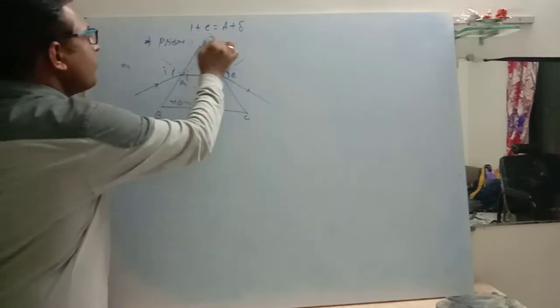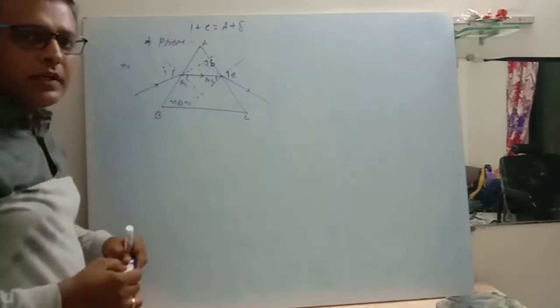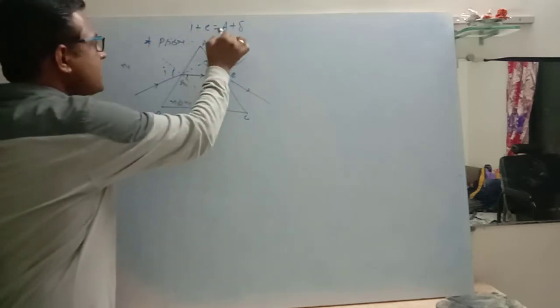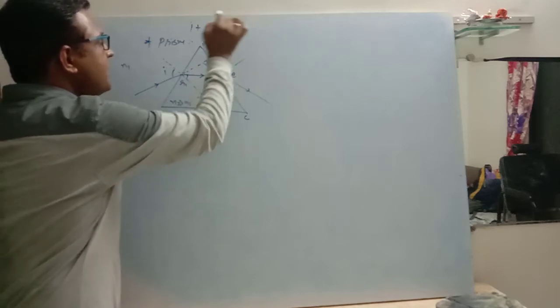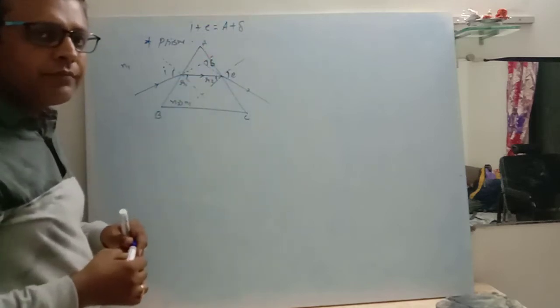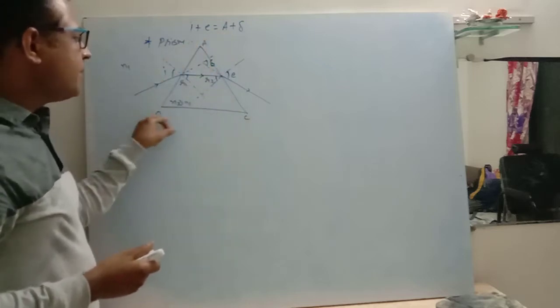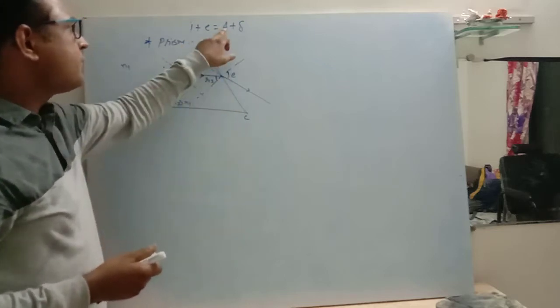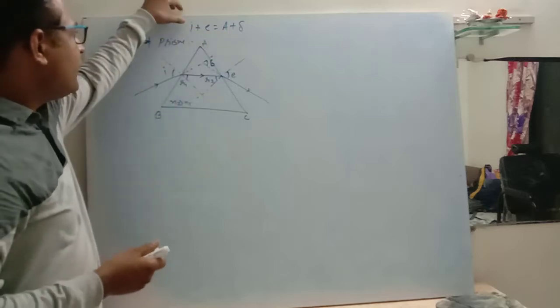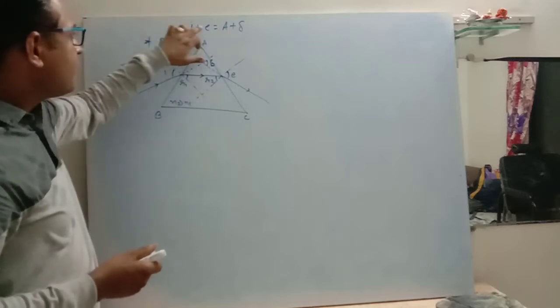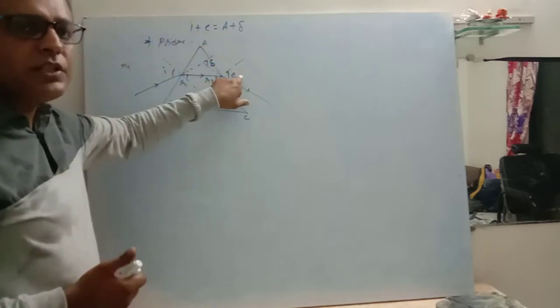Now from this equation, if we ask which quantity the deviation angle depends on, then the prism angle is fixed. Whatever the prism is, the prism angle is fixed. And if we change the angle of incidence, then the angle of emergence will change.